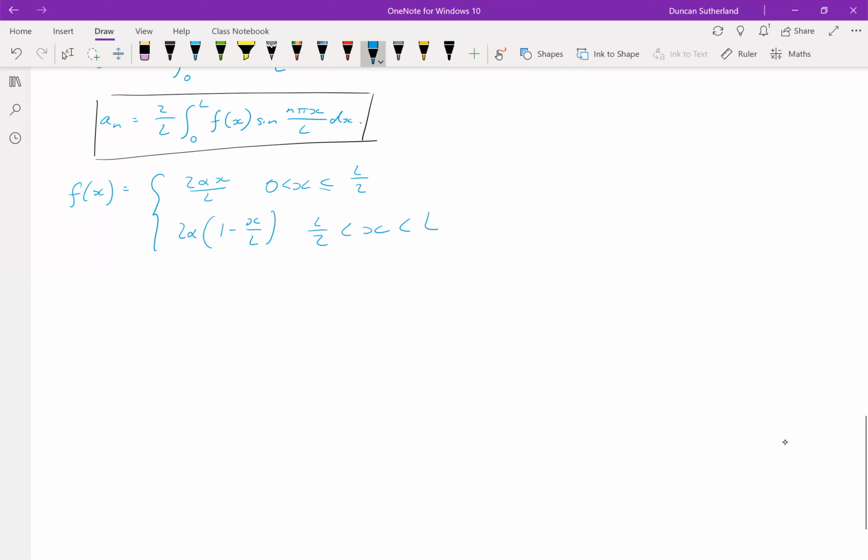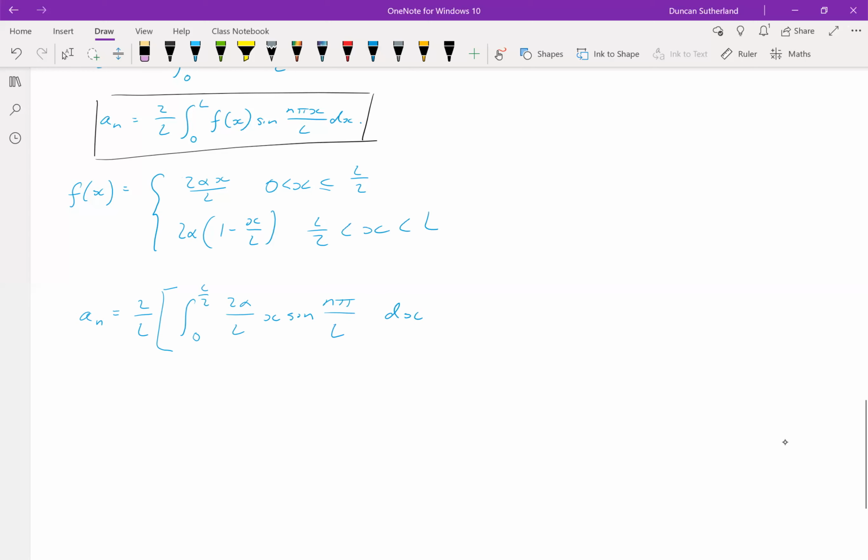All right, so essentially we plug this in. We're going to get 2 contributions to the integral: one up to L on 2, and then one from L on 2 to L. So a_n equals 2 on L times the integral from 0 to L on 2 of 2 alpha x on L times sine of n pi x on L dx.